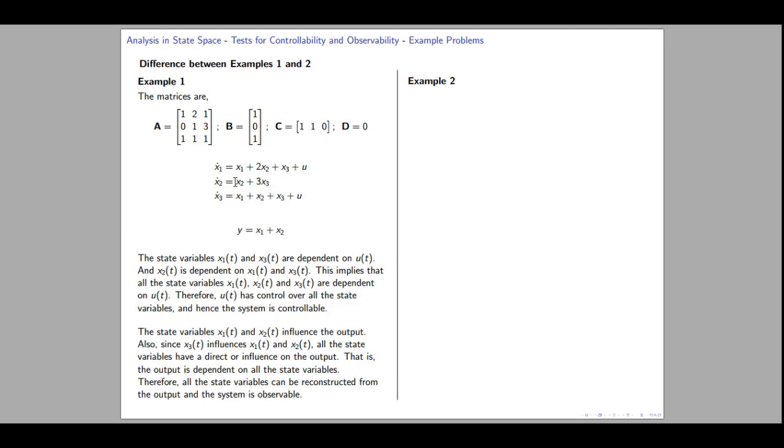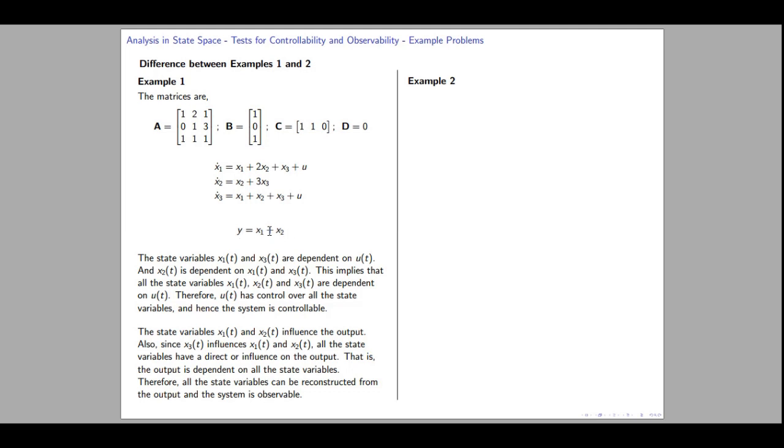Therefore with the help of this u, I can control all the state variables. That is why the first system was controllable. And now let us look at this output equation, x1 and x2. So the C matrix is 1 1, so therefore x1 and x2. That means x1 and x2 influence the output y. That's what it means.